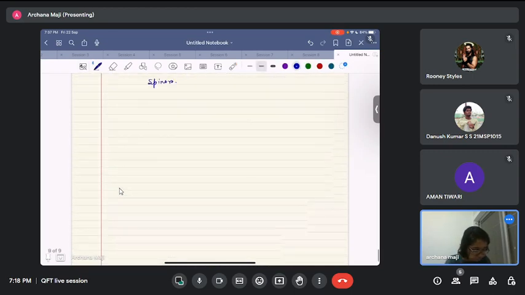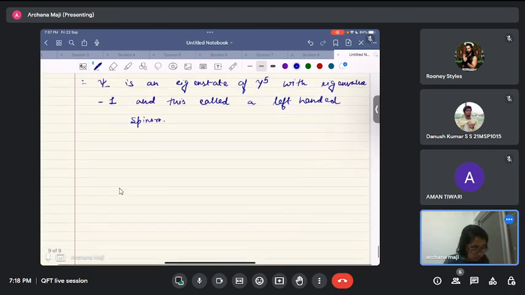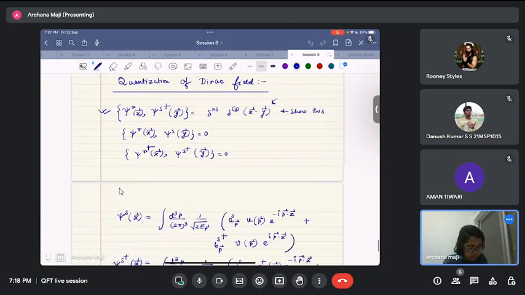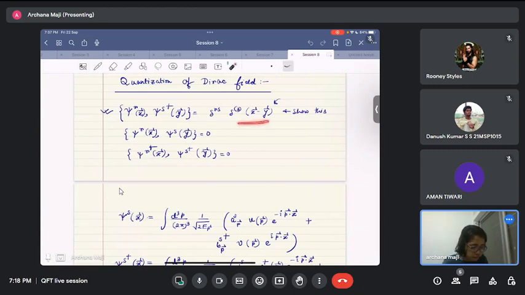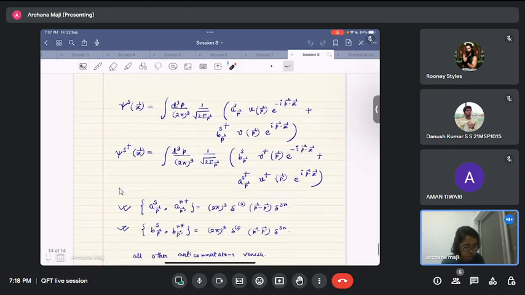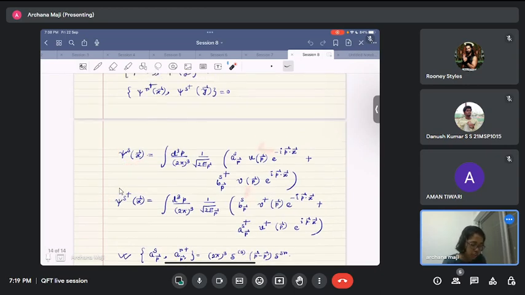Okay. So let me go back to the quantization. I don't know how much I could explain this chirality part, but let me know if you have any questions later on. So I asked you to show this particular anti-commutation relation, assuming that the creation and annihilation operators satisfy this relation, and this is how we expand the spinor in terms of the positive frequency solution and negative frequency solution.